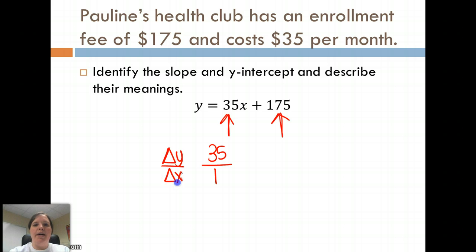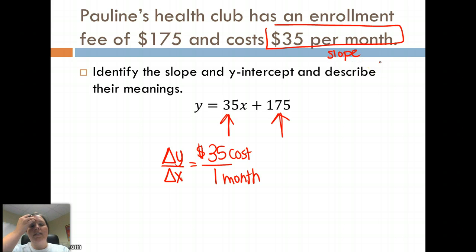Remember, change in y over change in x, that's what slope is. So we consider what the y units are. The y units are money, the total cost, and the x units are months. And you can look in the question and see the slope means the cost is $35 per month.